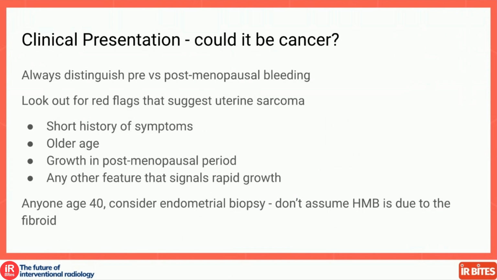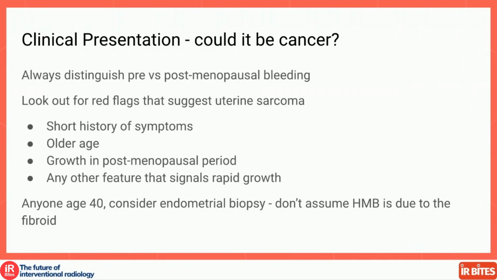And then the other thing to always remember is, always think in the differential, could it be cancer? Predominantly if they're postmenopausal, so any postmenopausal bleeding is cancer until proven otherwise. And there are certain red flag symptoms that are always worth asking about, say if you're in A&E clerking. If the history is really short and rapid, then that's more in keeping with a malignant growth rather than a benign one, particularly if they're older and postmenopausal.